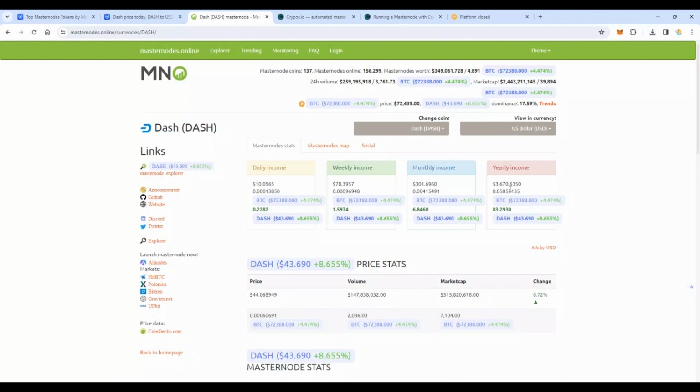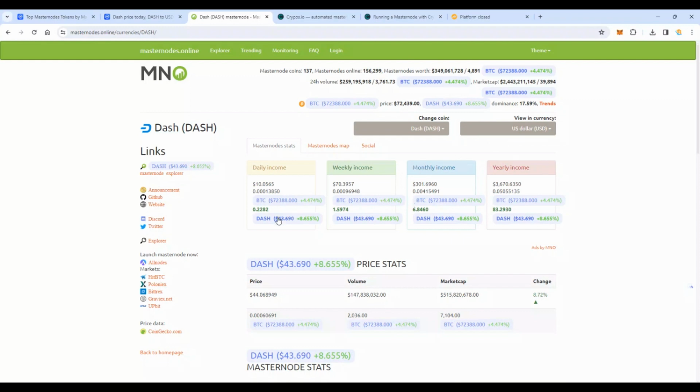So this is whereby if you are probably running your own node and you have some Dash coins, you can actually put those Dash coins to work. All that you need is the computer, then the software, then you configure it, then you deposit your Dash coins into the program, the software that you're going to install, and then you're good. You start making a cool $300 on a monthly basis.